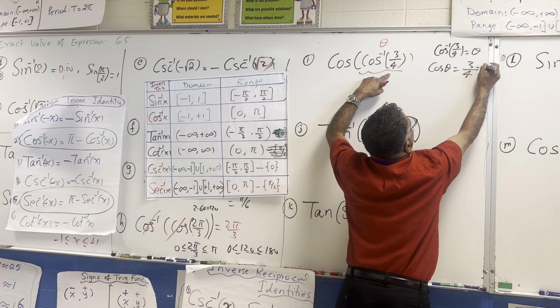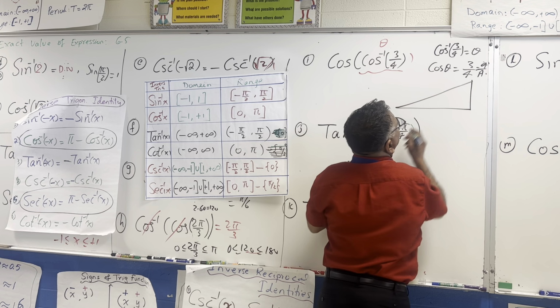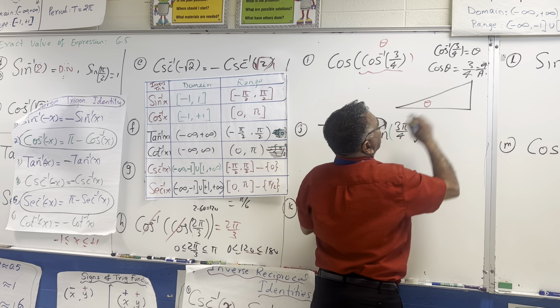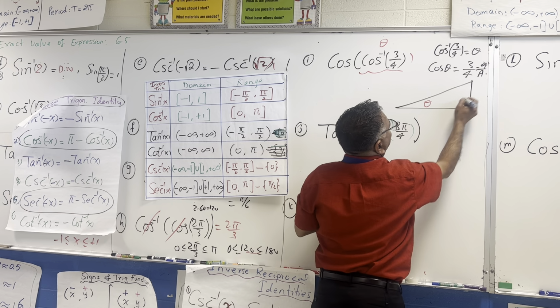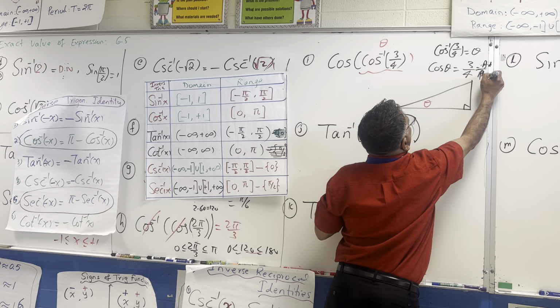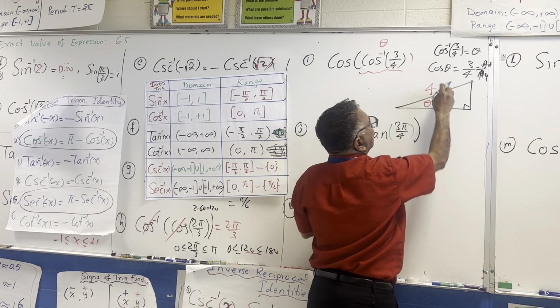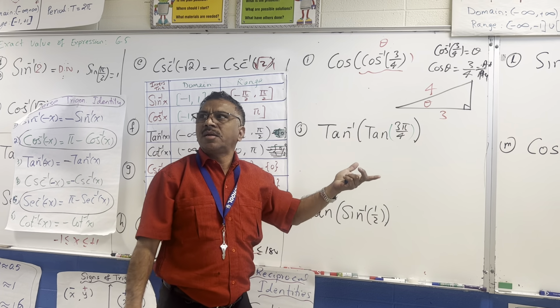So that means adjacent over hypotenuse, and I can draw a triangle like this, and that's the theta. So that's 3, this is 4, and then you need to find the opposite.